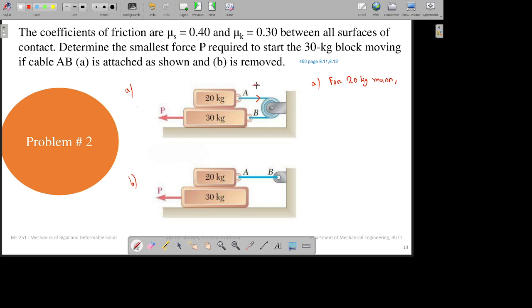Let's denote it by T. I have to find out the tension first. The tension force will act in the downward direction and the friction force will be in the opposite direction. As the motion is in the rightward direction, the friction force will act in the opposite direction, which is the left direction. So for equilibrium, T will be equal to the friction force.